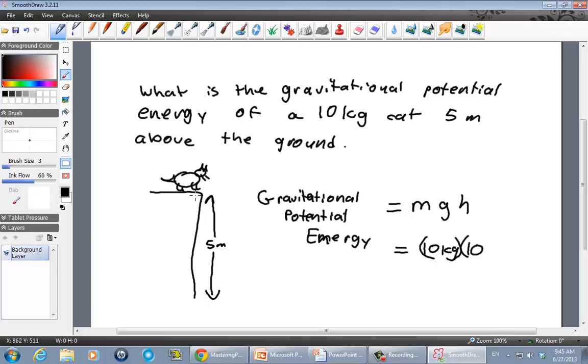Acceleration due to gravity, we usually use 10 meters per second squared. The height is 5 meters. So 10 times 10 is 100, times 5 is 500. Our units, kilogram times meters per second squared, is newtons. Newtons times a meter is a joule. Or you can just remember energy is always in joules. So gravitational potential energy is 500 joules.